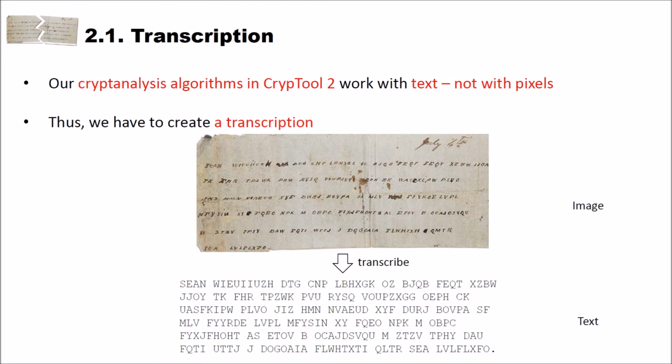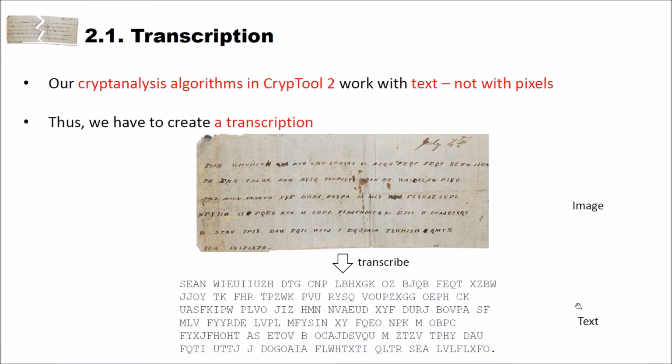Transcription means that you take the original photo, or maybe you are also in possession of the ciphertext, and you transcribe it by creating a text document. So the input of a transcription is, for instance, your image, then you transcribe it, and the output in that case is text. That can be ASCII or UTF-8 text.